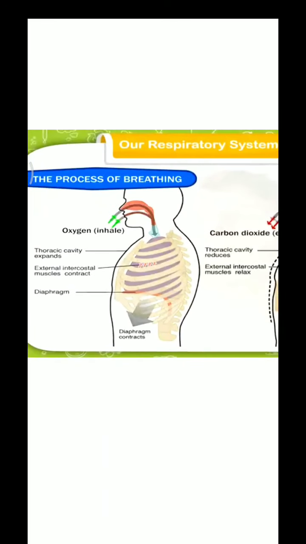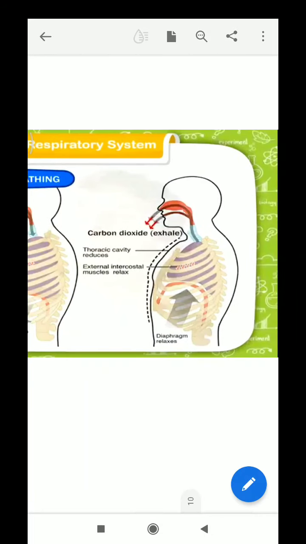So here, while air is inhaled, the diaphragm contracts and moves downward. Can you see, students? Then when the diaphragm expands and pushes upward, at that time the air is exhaled.